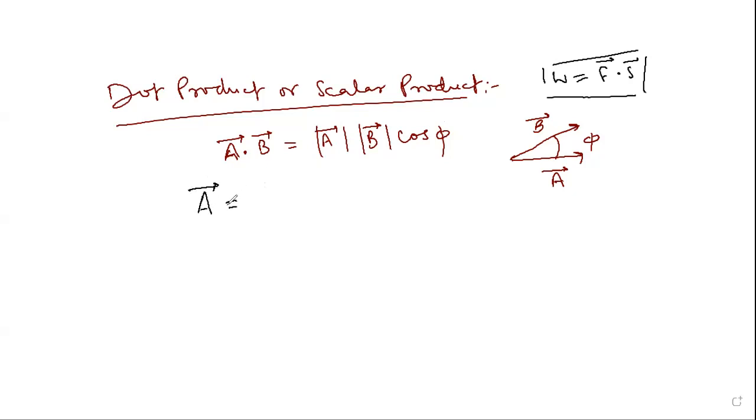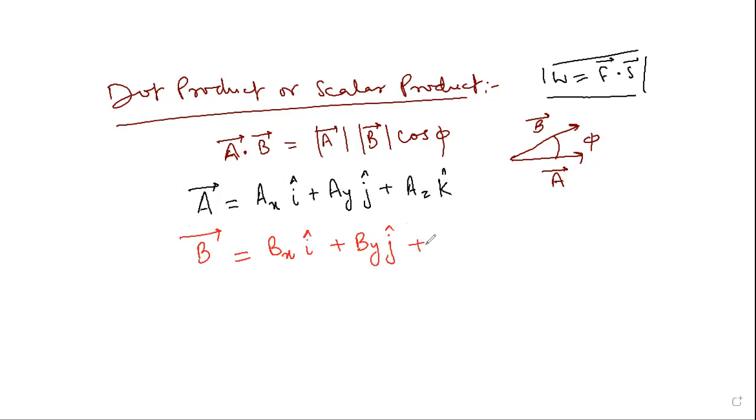for example, if A is given as AX i cap plus AY j cap plus AZ k cap, and another vector B is given as BX i cap plus BY j cap plus BZ k cap, and we are asked to find dot product A dot B. So we substitute them in the unit vector notation.